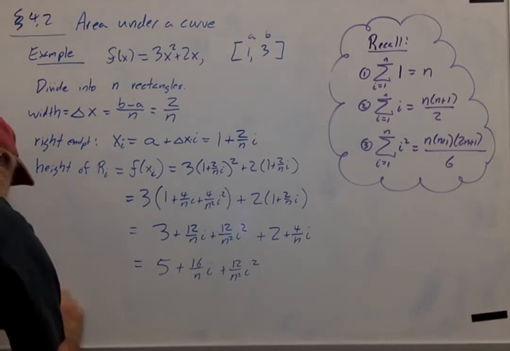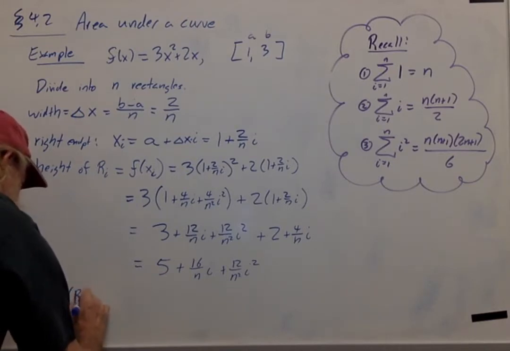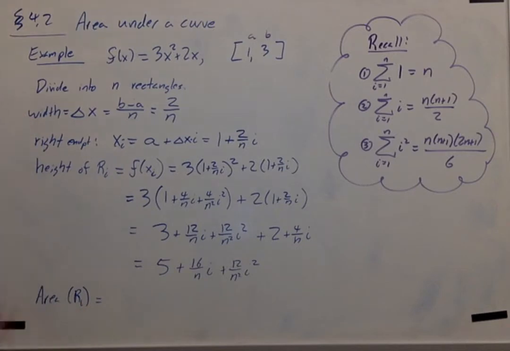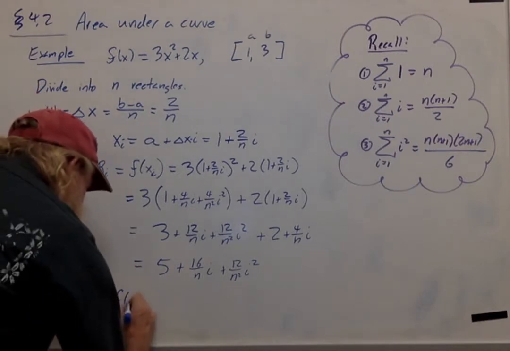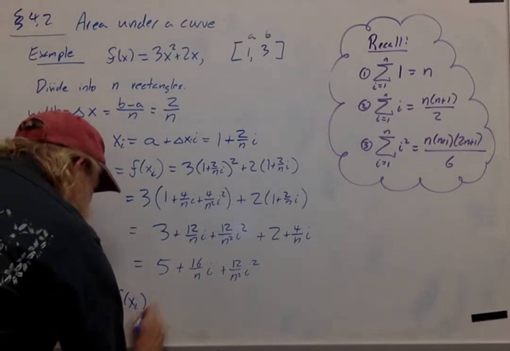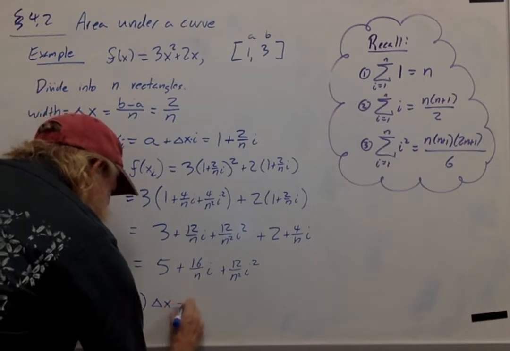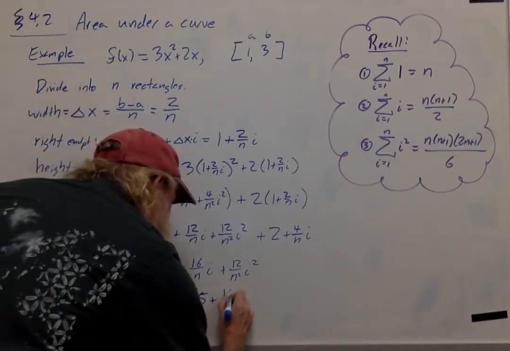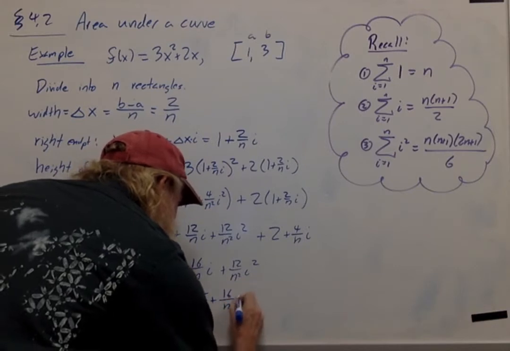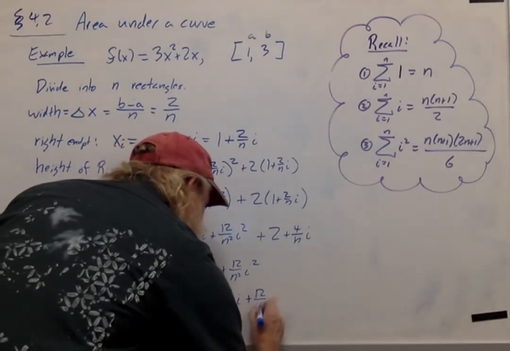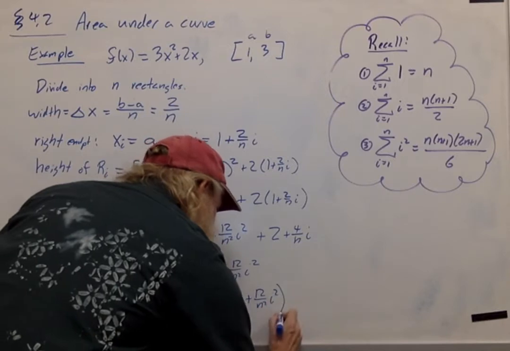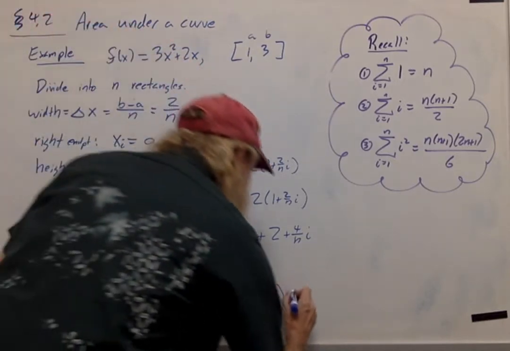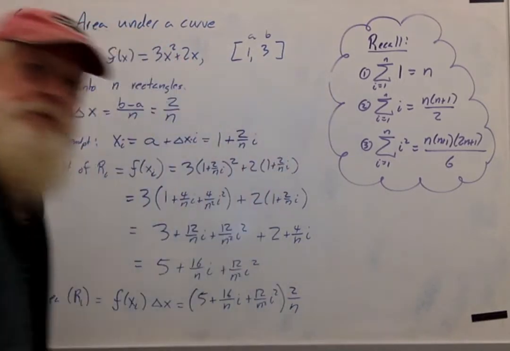So the area of r sub i is going to be the height times the base, or the height times the width. So that's f of x sub i times delta x. So 5 plus 16 over n i plus 12 over n squared i squared multiplied by 2 over n.